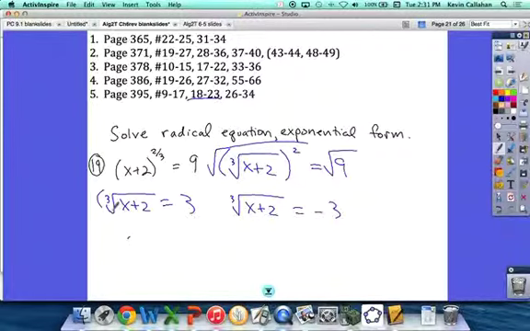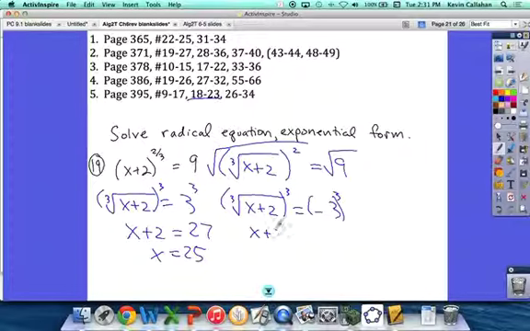When I cube both sides here, then the cube of a cubed root gives me x plus 2. And what is 3 to the third? 27. So there's our x equals 25 answer. And the last one, I cube both sides here, and that's cubing a negative. So that will give us x plus 2 equals -27. So x equals -29. Now, each one works out a little differently, but same answer.